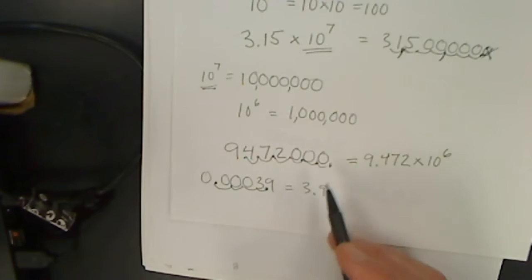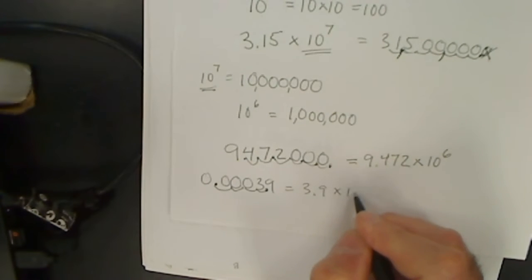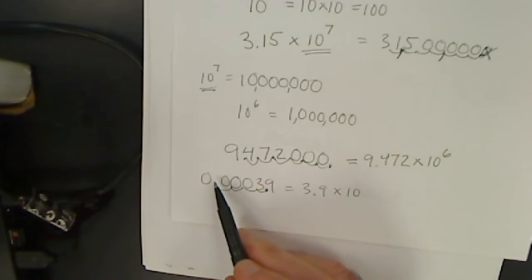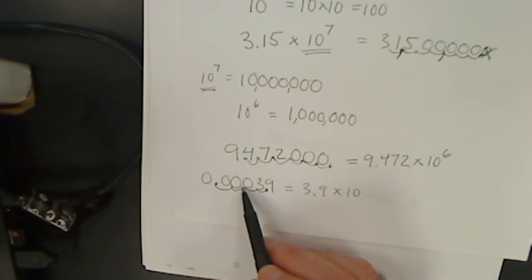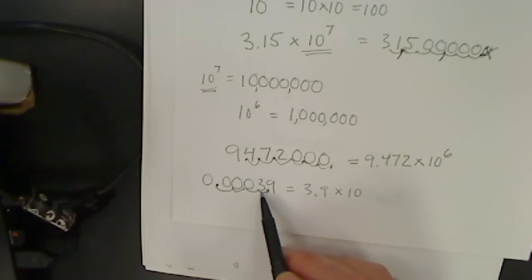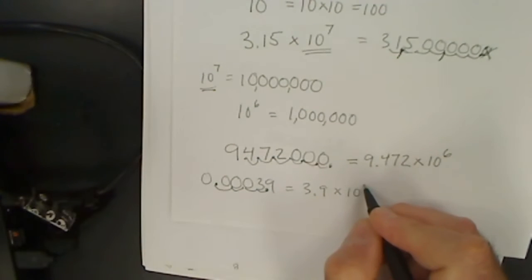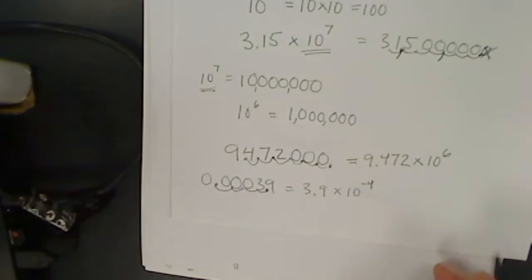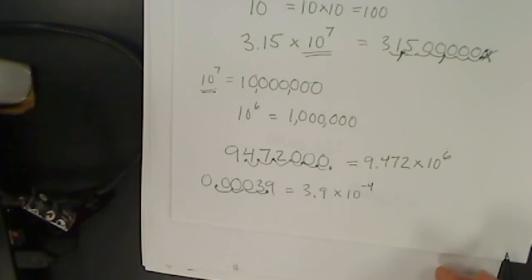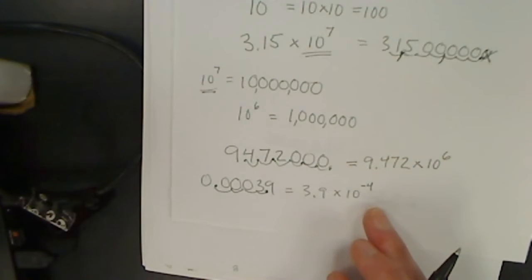So I'm going to put times 10 to the, but this time I'm going to use a negative power. Okay, so 1, 2, 3, 4. I'm going to put minus 4. 10 to the negative 4 power, like that. Does that look familiar or is it confusing?